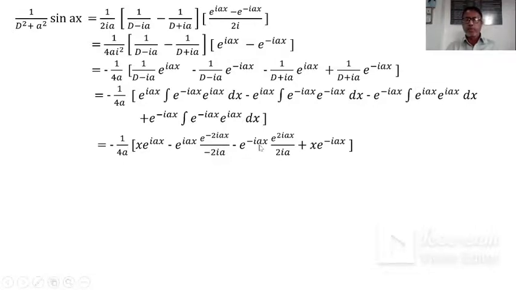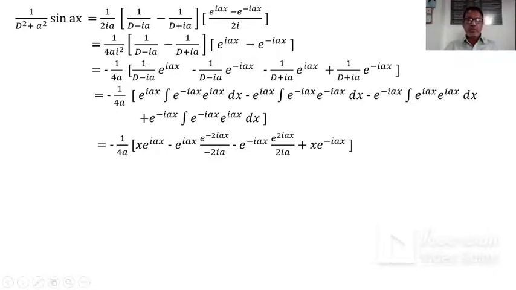Minus e to the power minus iax, it becomes e to the power 2iax, and its integration is e to the power 2iax upon 2ia. Plus e to the power minus iax, this becomes e to the power 0 is 1, and integration of dx is x. We get this last term as x e to the power minus iax.